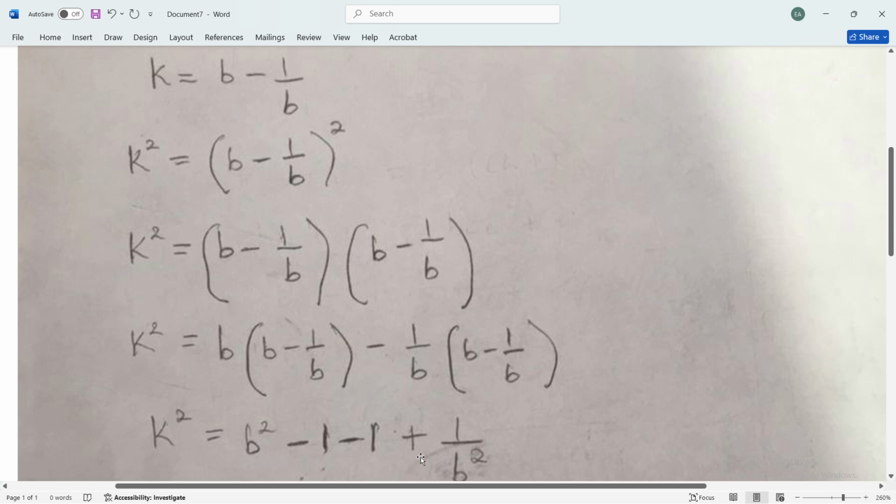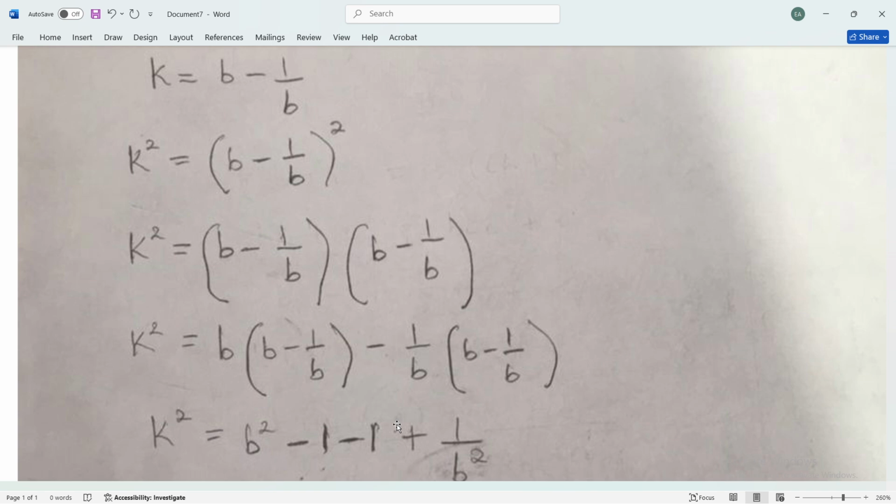And we have both negative 1 over b multiplying negative 1 over b, right? So the numerators will multiply each other. 1 multiplying 1 would give you 1. 1 times 1 is 1, right?